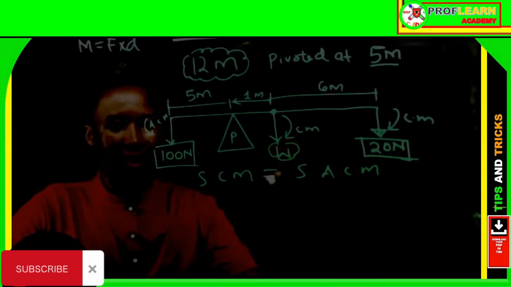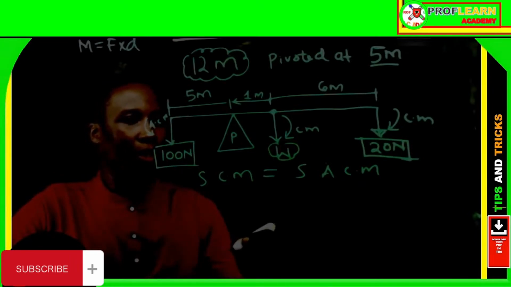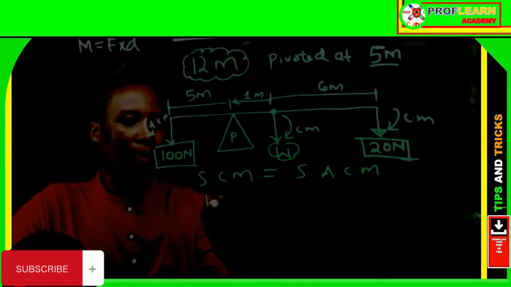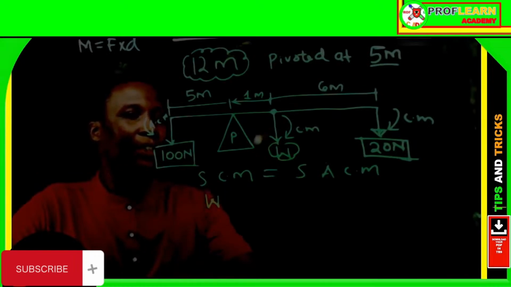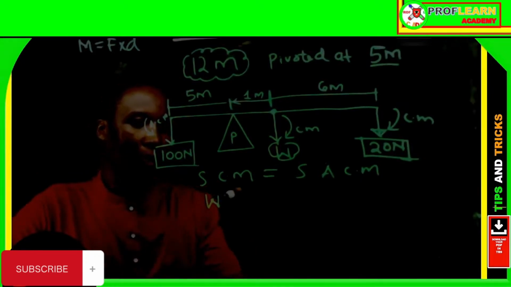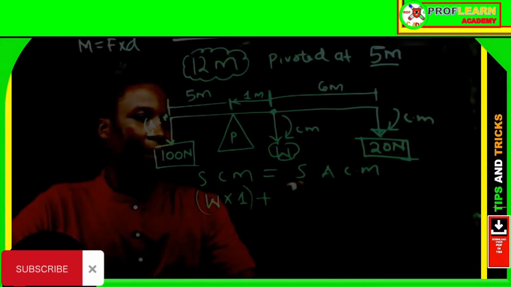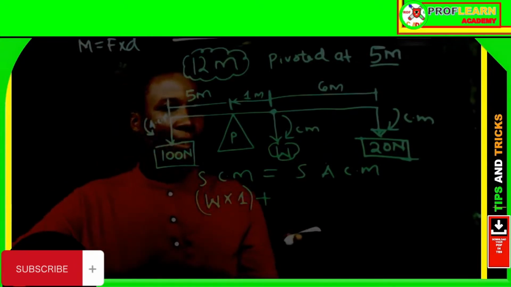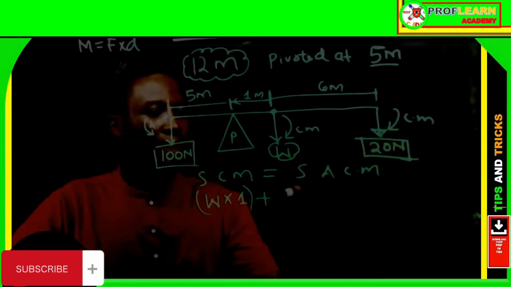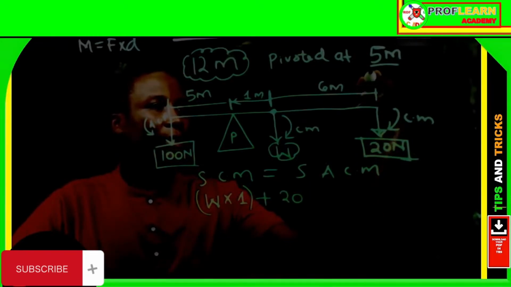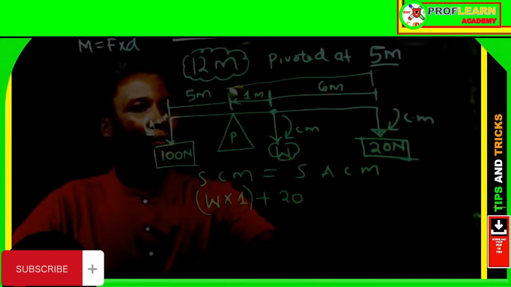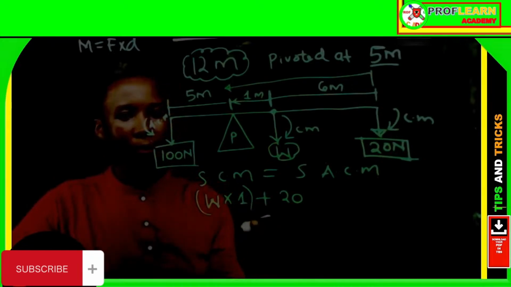Now, clockwise moment, let's start with W. W as a weight is going to cause a moment, so it will be W times the distance from where that weight is acting to the pivot, which is 1 meter, plus the distance from where 20 Newton is acting to the pivot. You see this distance here is what?